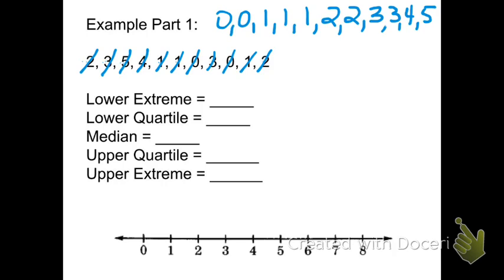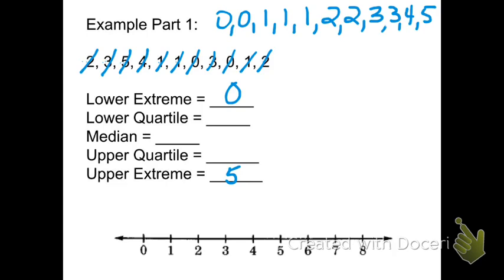So our first step, I'm going to go ahead and write down the lower extreme. What is it? 0. And the upper extreme? 5. Those are easy. And now we need to do the median. We can't do lower quartile or upper quartile until we have done median. So remember how I told you a long time ago, don't cross off your numbers as we go? It's because of this.